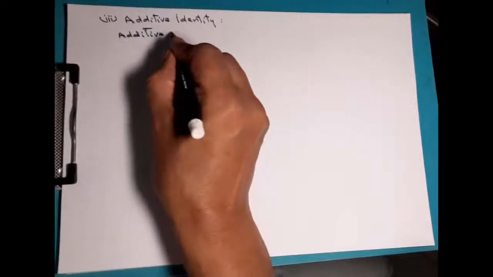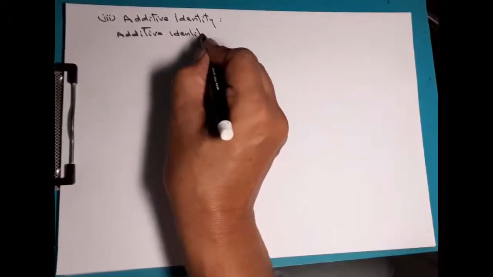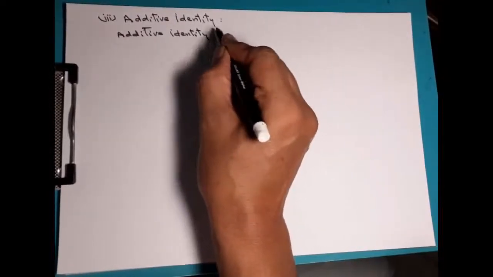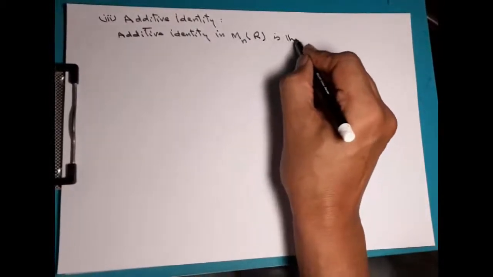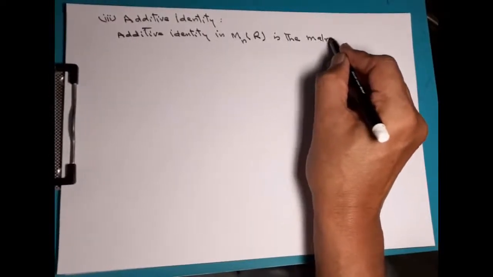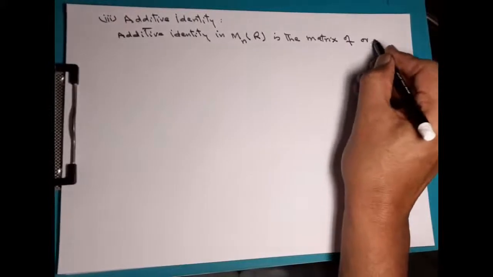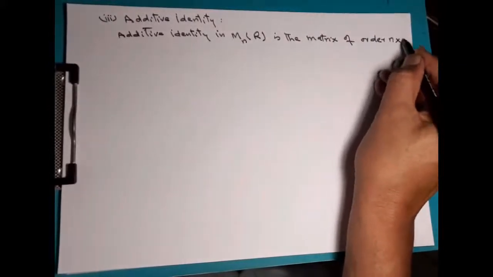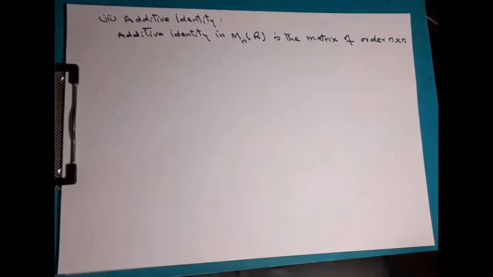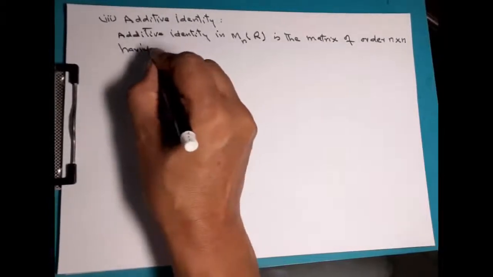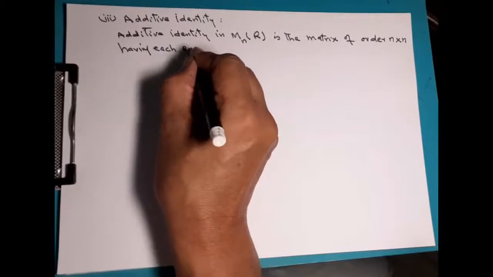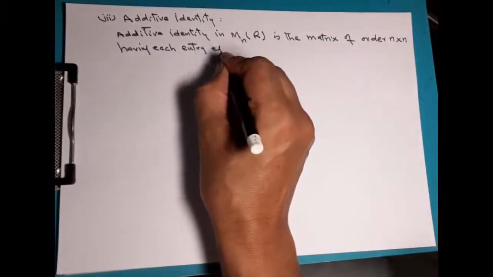So additive identity in MnR is the matrix of order n by n having each entry equal to 0.